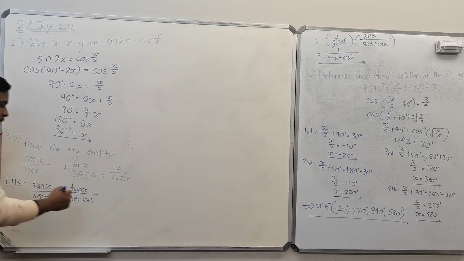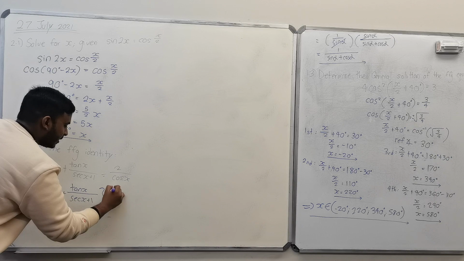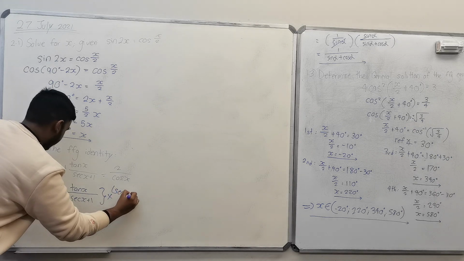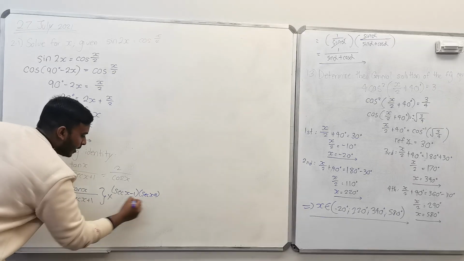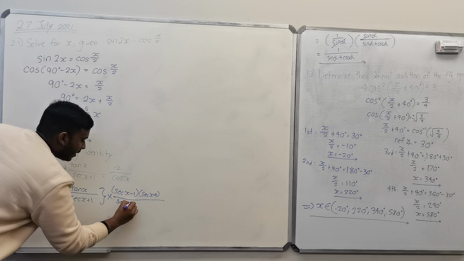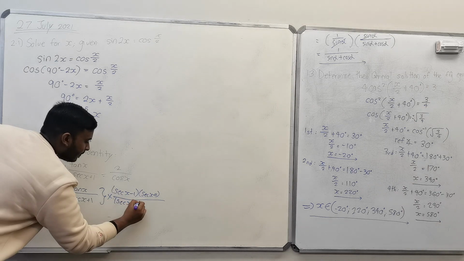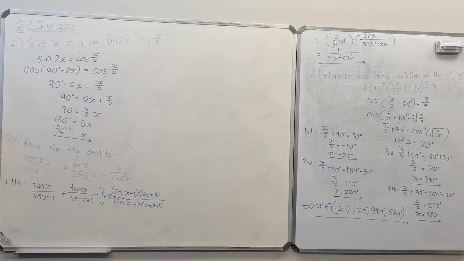Yes. Okay, so you're going to multiply this whole thing here on the top by sec x minus 1, sec x plus 1 all over sec x minus 1, sec x plus 1, right? Those common denominators. What's going to happen?